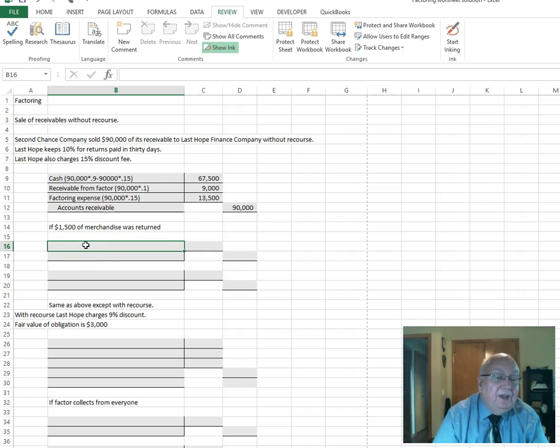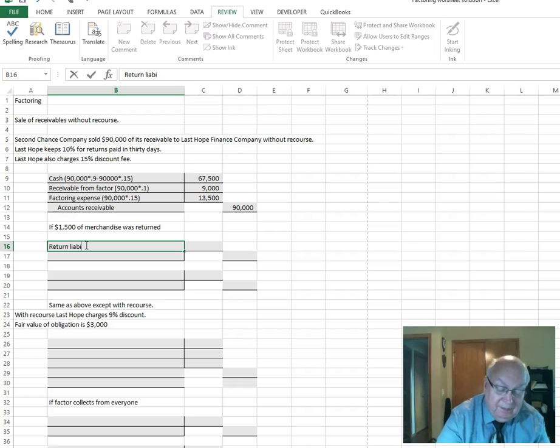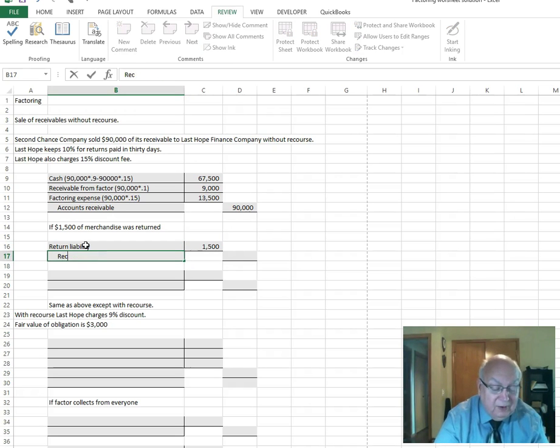Now, if you return $1,500 of merchandise, what that would be then, you'd have on your books return liability. That sets up that allowance for returns of $1,500. And then you also have a credit to receivable from factor, because you no longer have that coming, and that's $1,500.